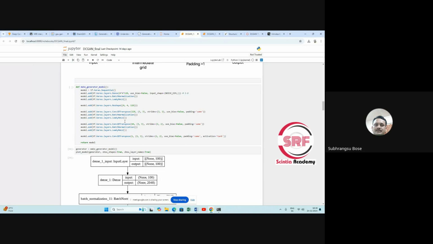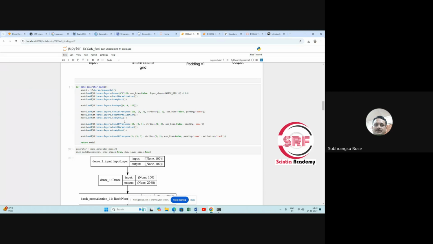There is a big difference. In general CNN model, our input channel number is minimum and output channel number is maximum. Means channel number is increased with the layers.